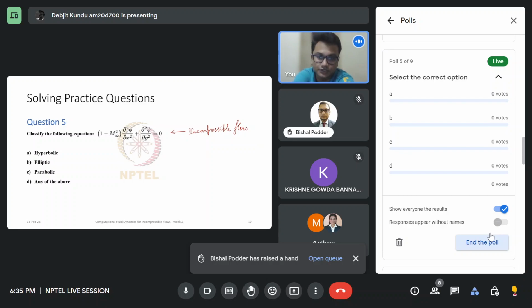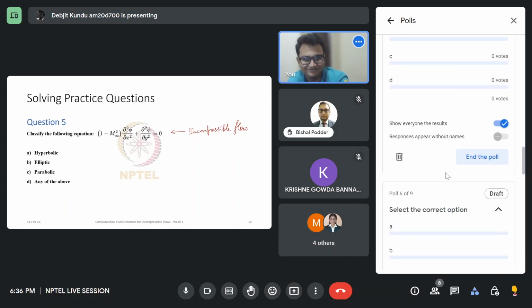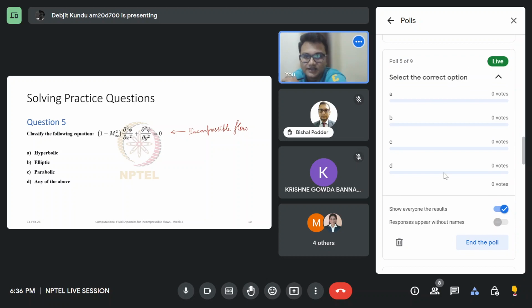Which one should it be? The poll is live. Try to look at the equation carefully and figure out how you would classify it. Once you have figured it out, you can put your response in the poll, or unmute and answer, or type in the chat box. We are open to anything, but getting the solution right is the most important.